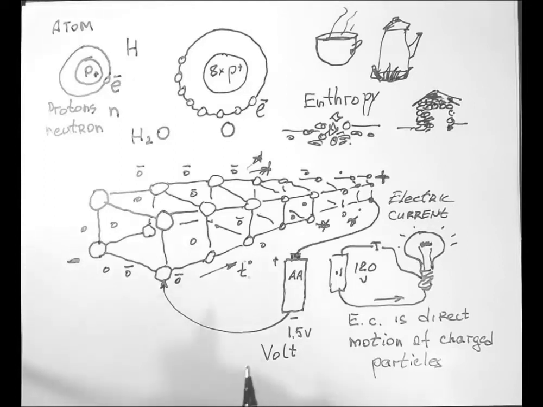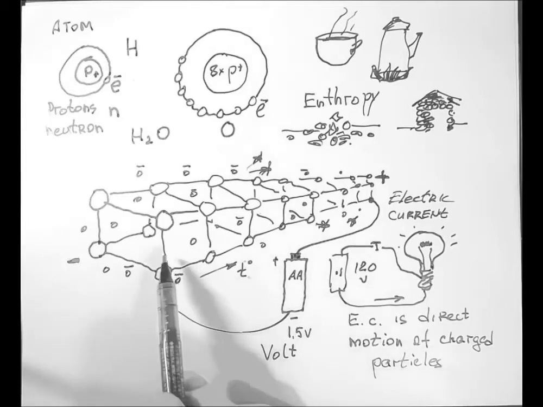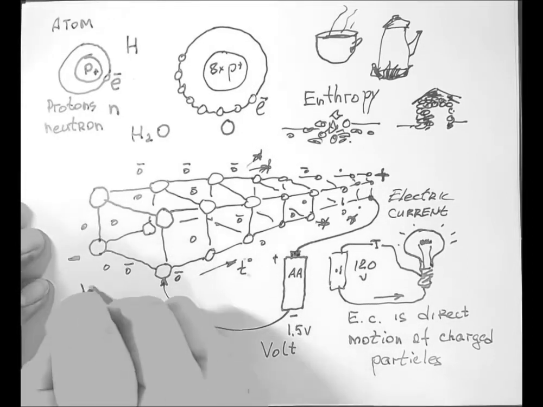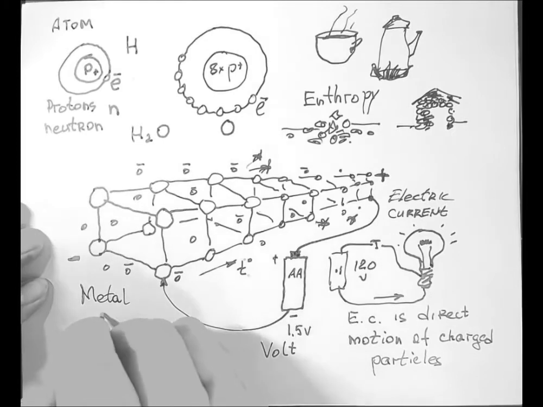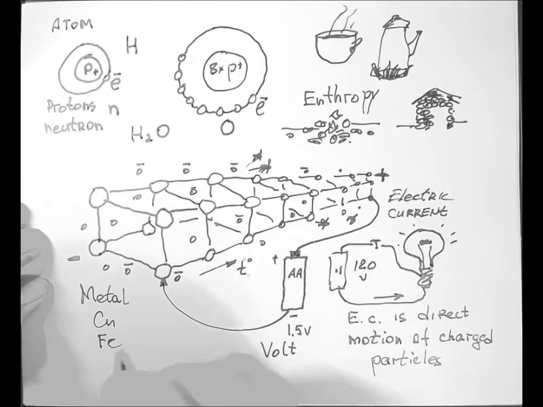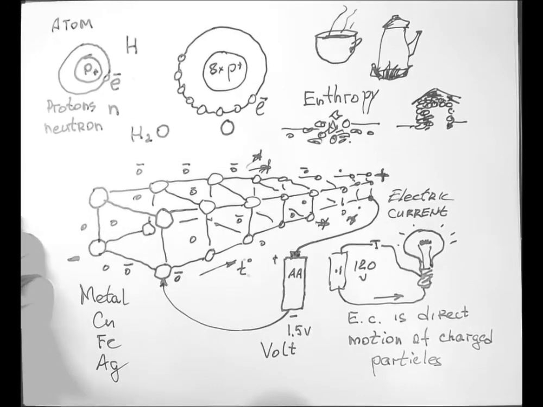Again, if you connect an electrical source to the conductor, and this metal like copper or iron or silver, they are very good conductors, and they are used to create conductors for home usage for electricity and for industrial use.